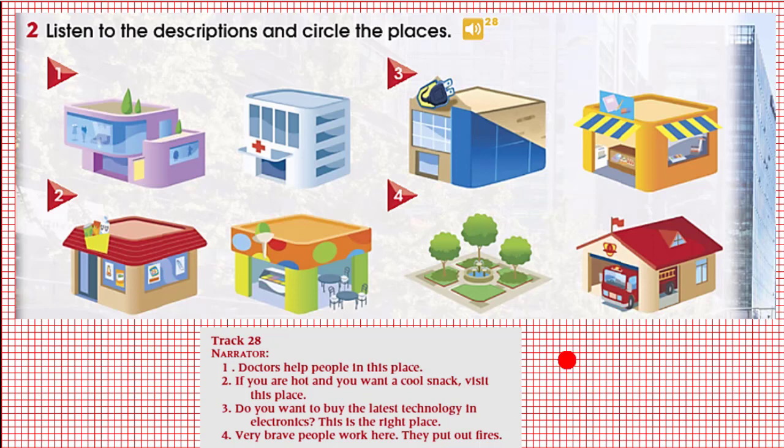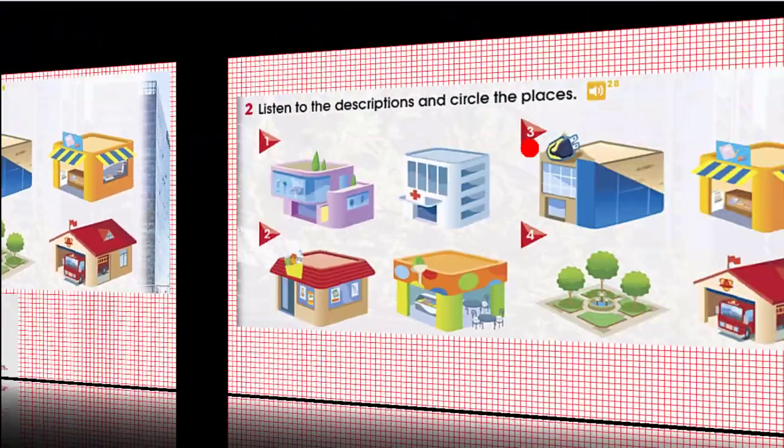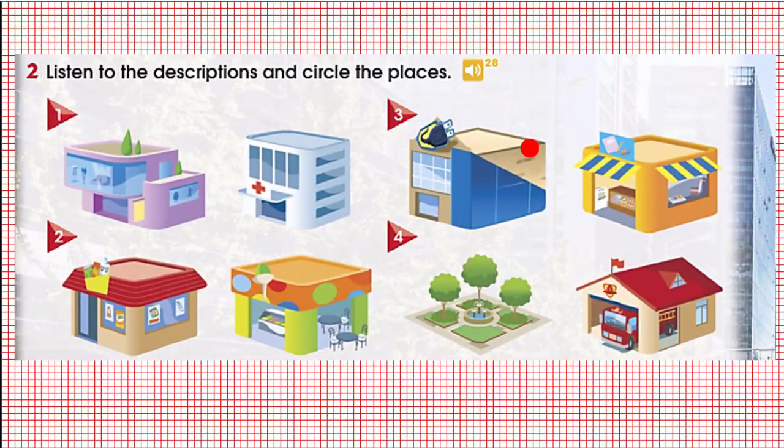Okay, we come back again in activity number 2. We are going to go for this. What is for number 1? What place is mentioned in alternative number 1? What is the correct one? Aha, that's right. Okay, let me see.